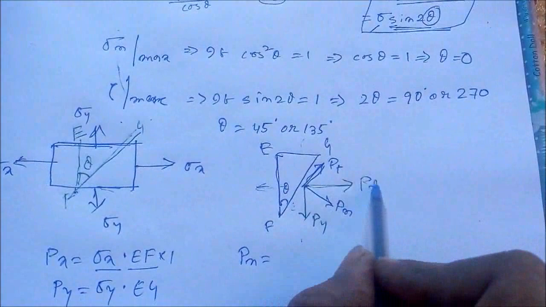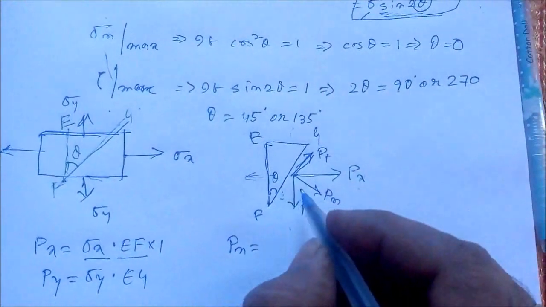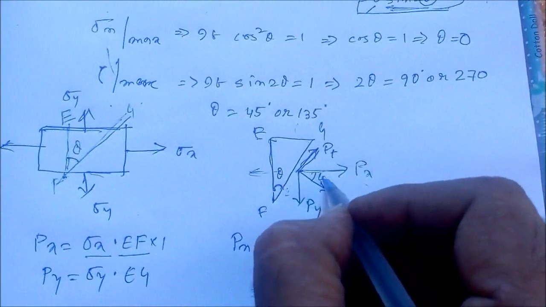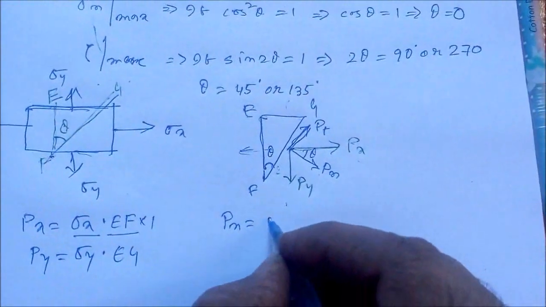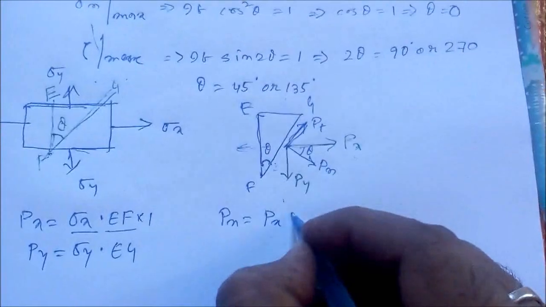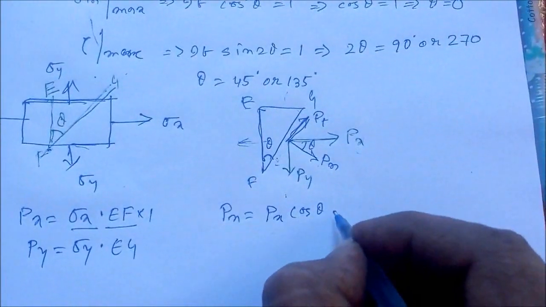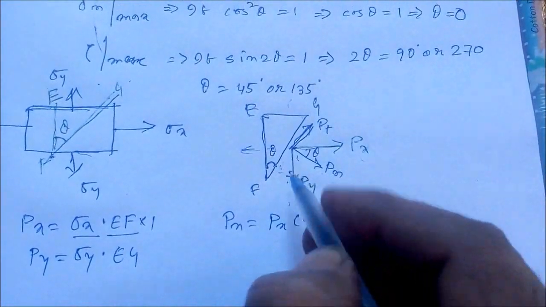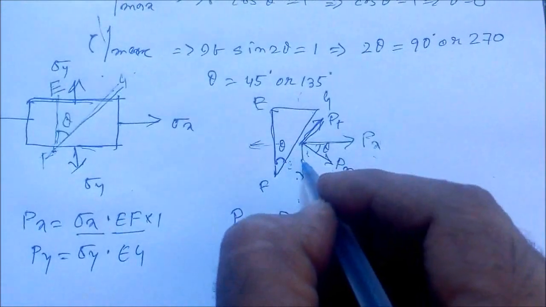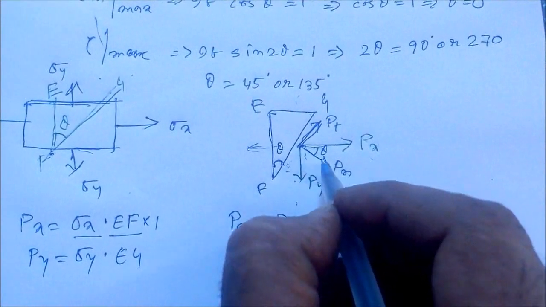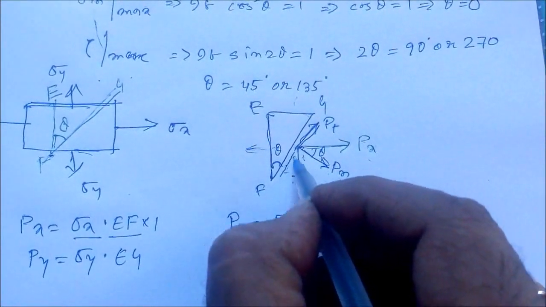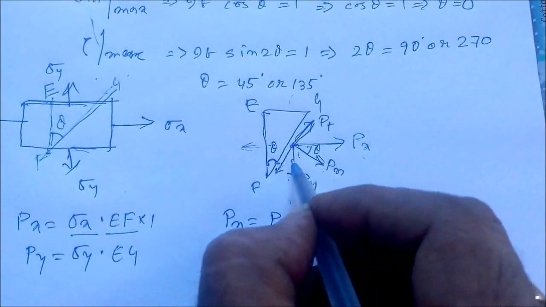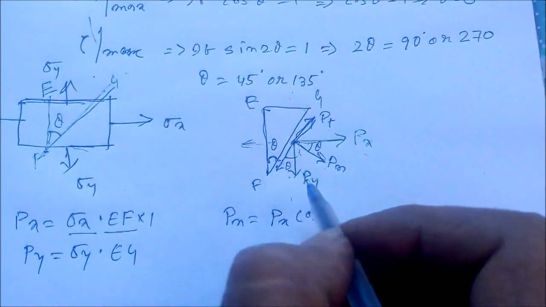So if we consider Px, the component, if this angle is theta, this angle will be theta, right? So we will have Px cos theta, and due to Py, if two components we can set for Py, one acting in this direction, another acting in this direction, if this angle is theta, this angle will be theta, right?